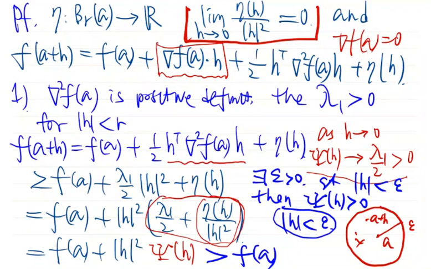Therefore, A is a local minimizer of f. So this proves the first result of our theorem.